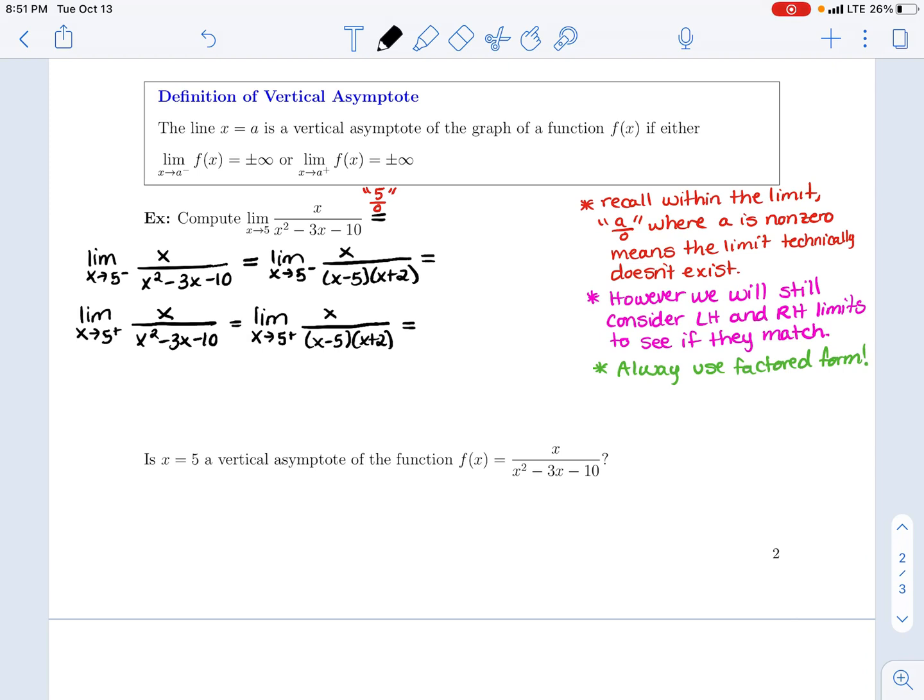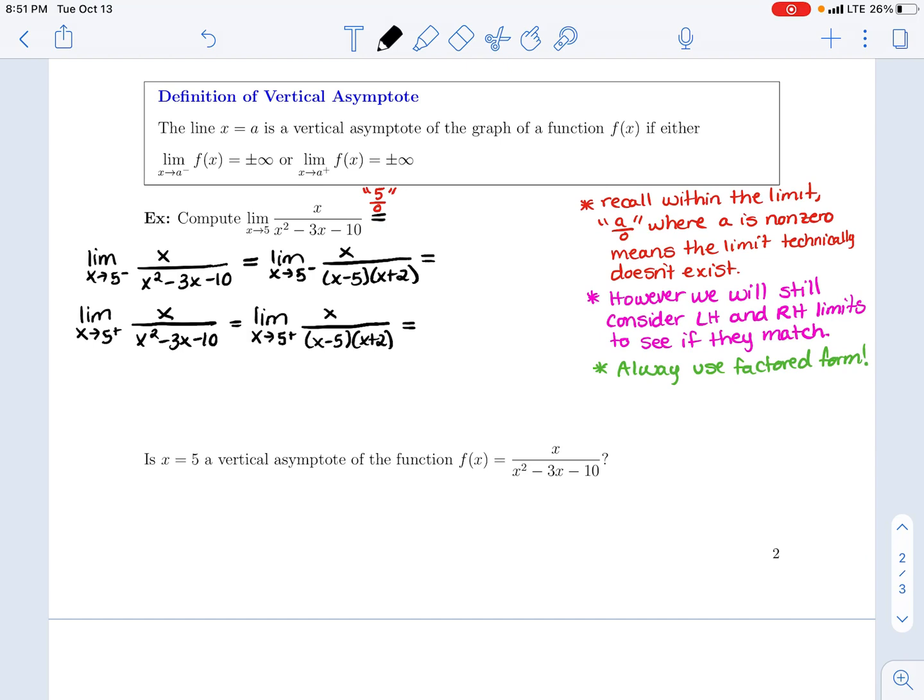Okay. And so now what is the idea? Well, the idea is this. If I want to figure out the left-handed limit of this, what I'm going to do is pick a number that's very close to 5 from the left, considering a number line. And so something that's very close to the left of 5 on the number line is something like 4.9, for example, right? 4.9 is a number that's pretty close to 5 and to the left of 5 on the number line.